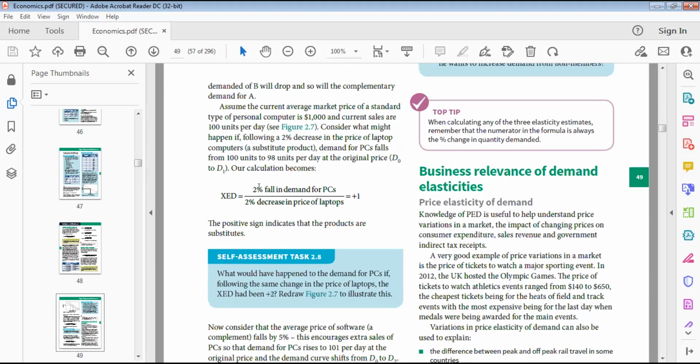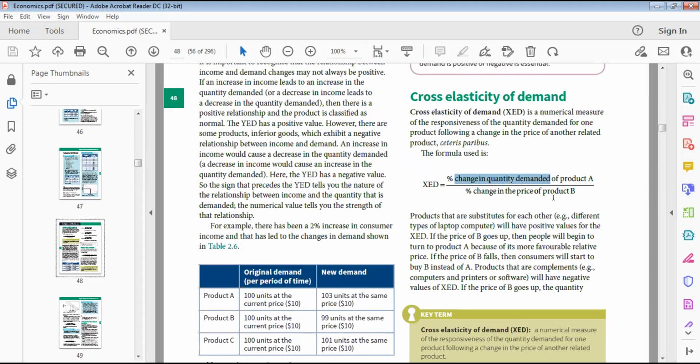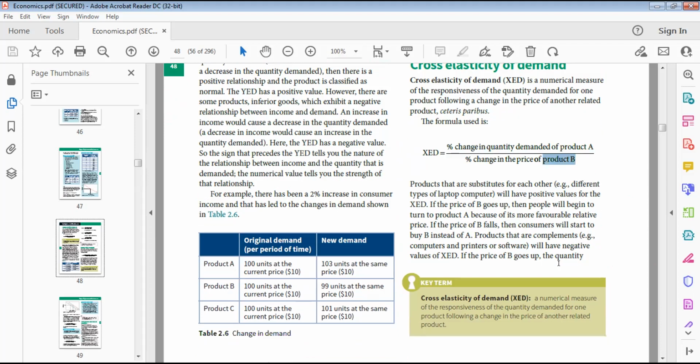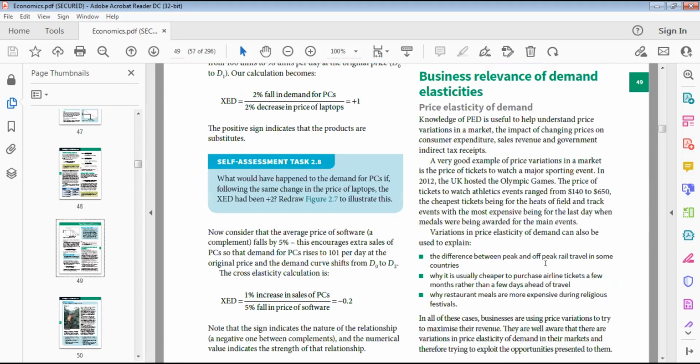The formula is actually the same. Price is always at the bottom, and quantity demanded is always at the top. But here you're comparing two products, product A and product B.